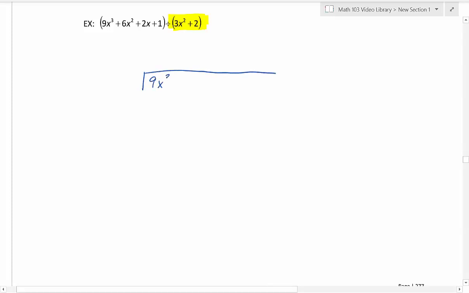I'll write my dividend in first. And now my divisor. Since we're missing that linear term, I'm just going to write plus 0x in its place. That 0x has no value, since 0 times anything is just 0, and adding 0 doesn't affect anything. But this is going to ensure that we have like terms lining up vertically.